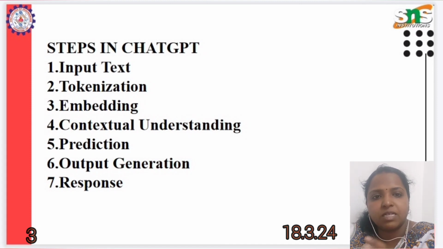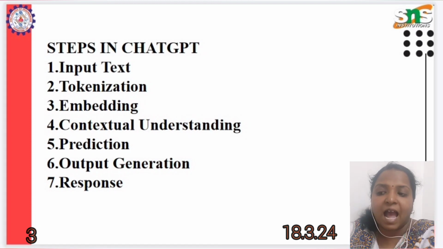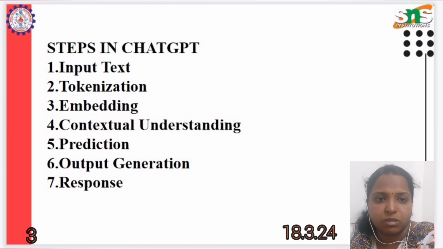Okay. Next, final output generation. Finally, ChatGPT selects the token with the highest probability as the next part of the text and adds it to the output sequence. It takes the one with the highest probability and moves on to the next output sequence. With the help of the output sequence, it tries to understand the meaning of it.